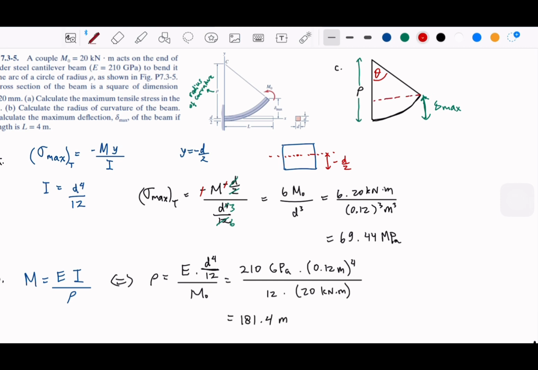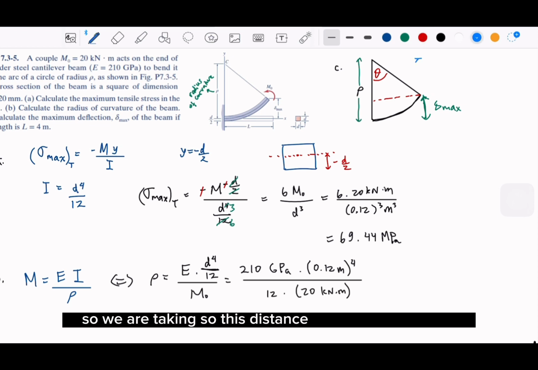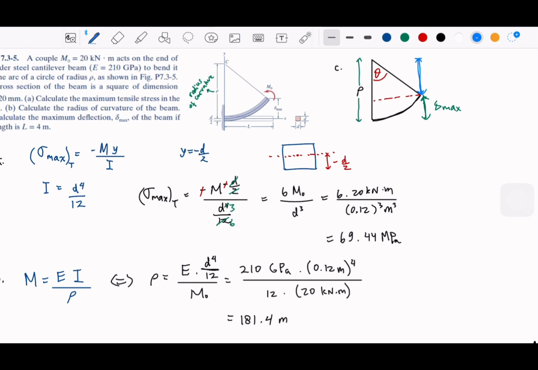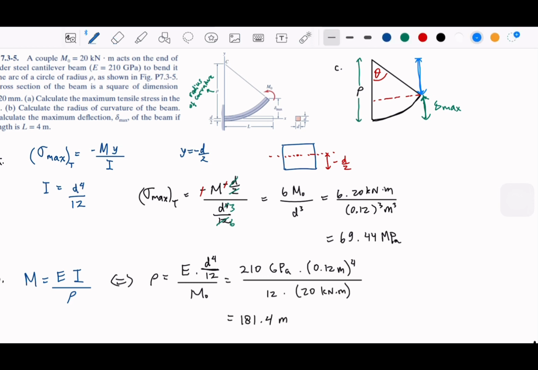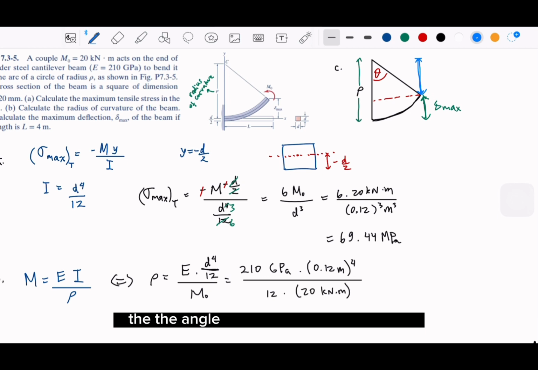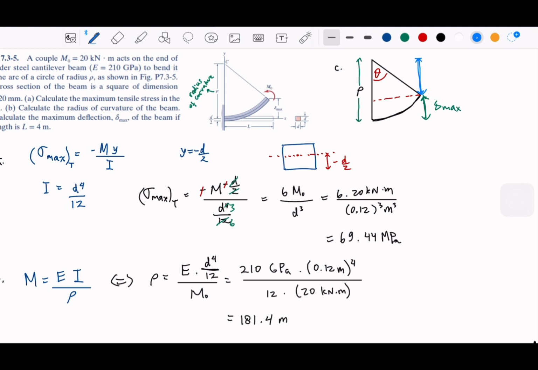So the assumption is we are going to take, from this perspective, the angle theta.